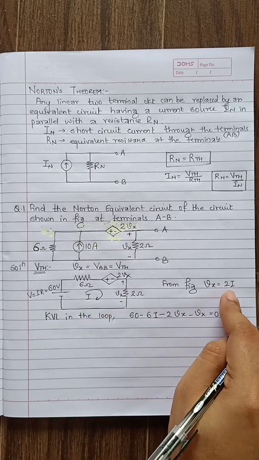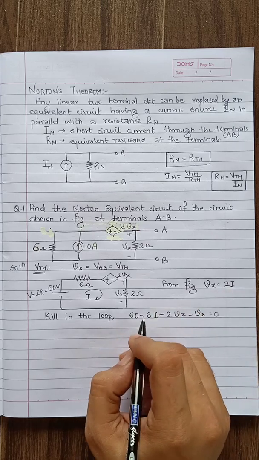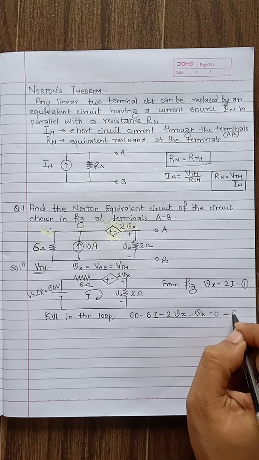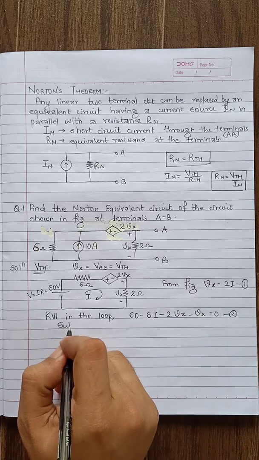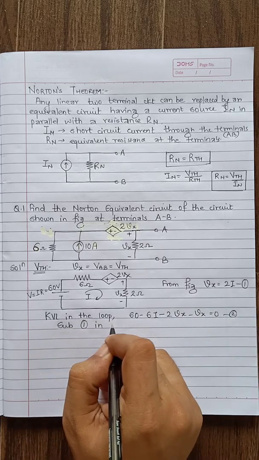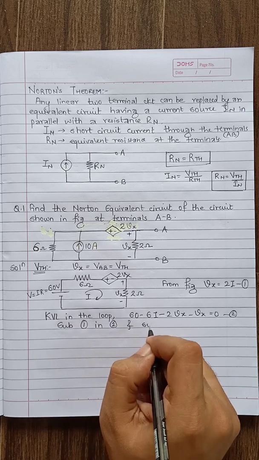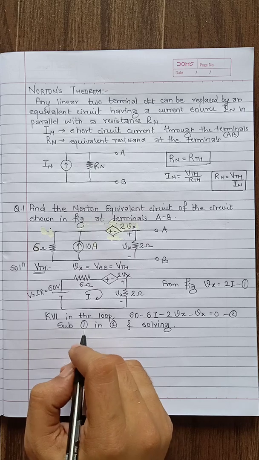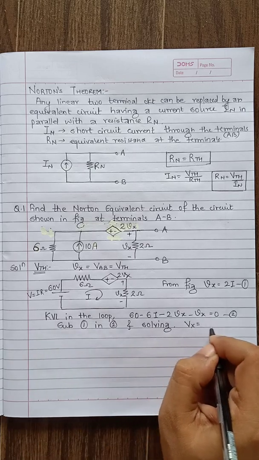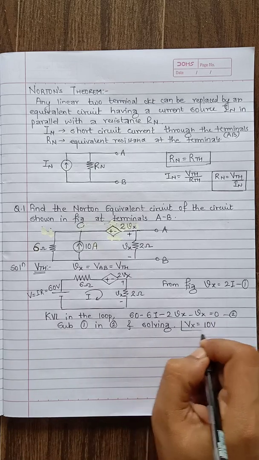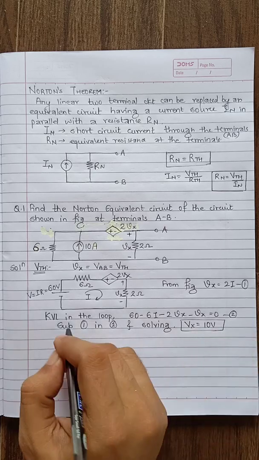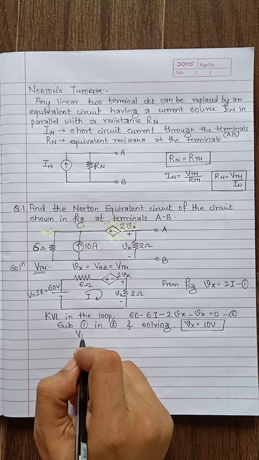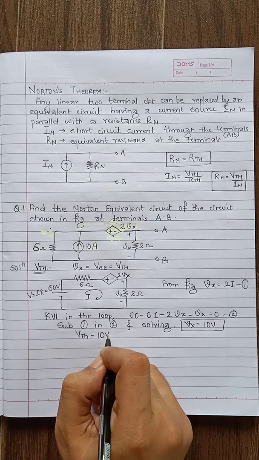So I'll substitute this, and solving, you will get the value of Vx as 10 volts. Once you know Vx as 10 volts, you have already found Vth. So I've got Vth as 10 volts.